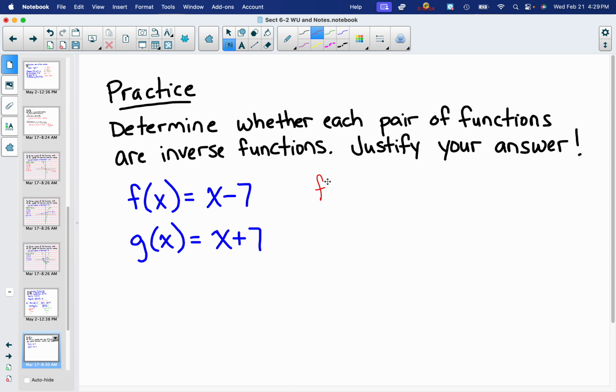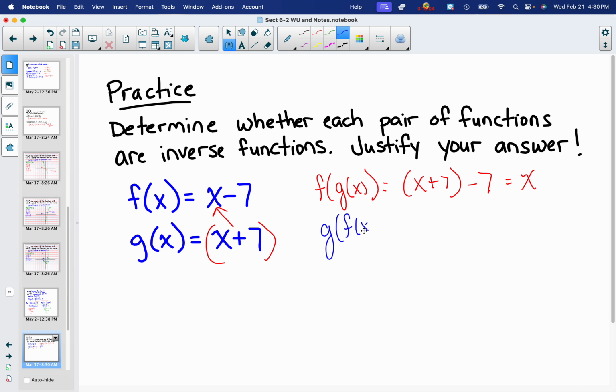Okay, so I'm going to try doing f of g of x. So I'm going to take g of x and drop it in here. So I get x plus 7 minus 7 equals x. That's good. Then I'm going to try g of f of x, which means I'm taking this and dropping it here.